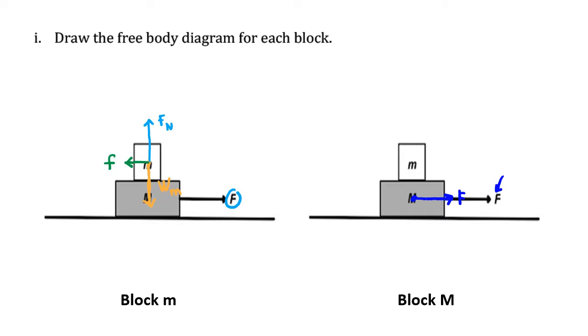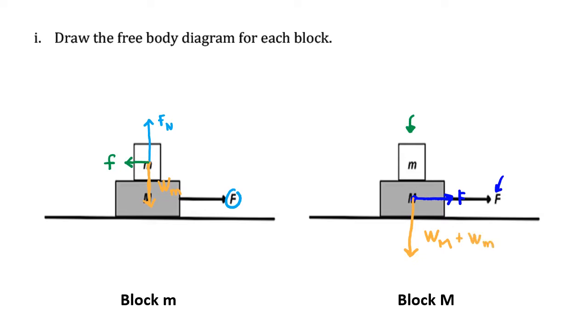Another force acting on it would be the force of gravity, but since this mass right here is actually on top of the bigger block of wood, it would add up to the force of gravity. So as a matter of fact, the downward force, which is this one, is just equal to the weight of the bigger block plus the weight of the smaller block.